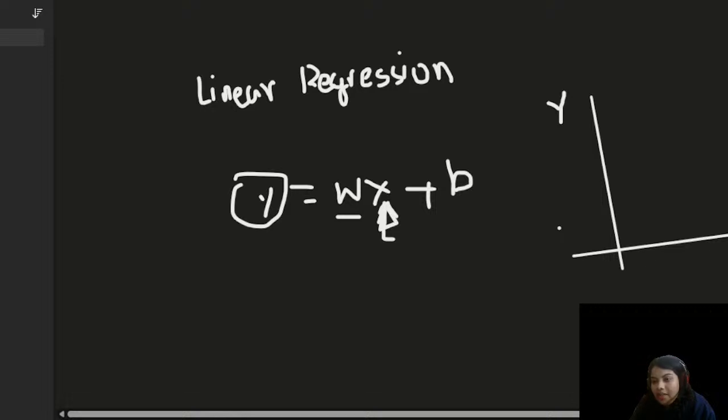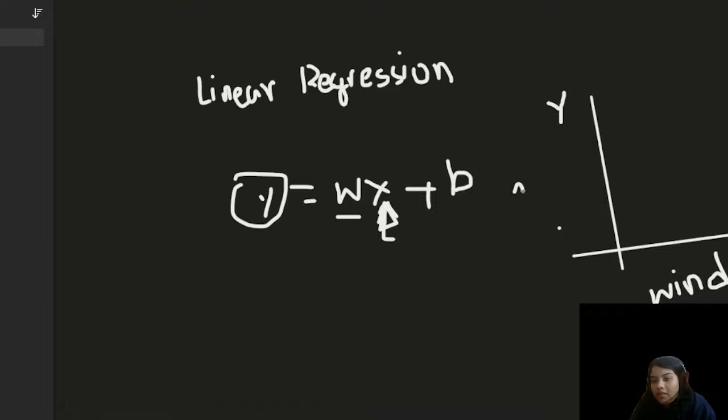So let's say x is the input of feature 1, which is wind speed, and this would be our power output, because when we use the windmill to generate power, it helps us generate electricity.